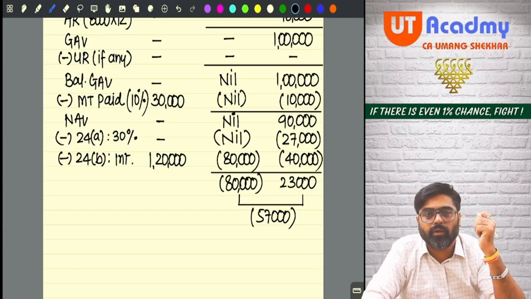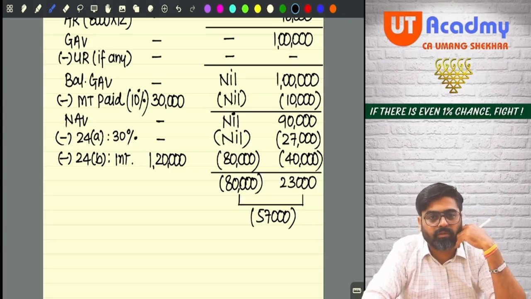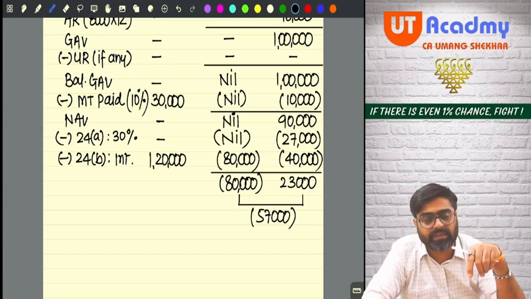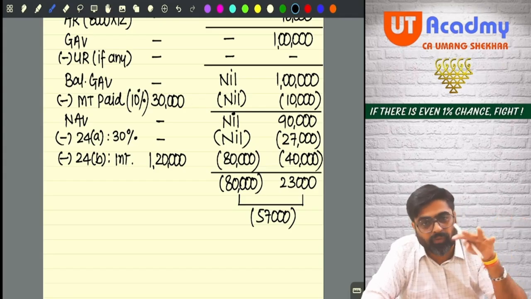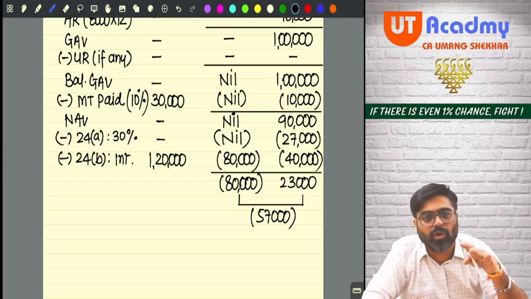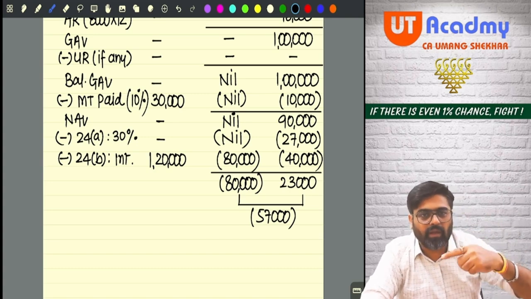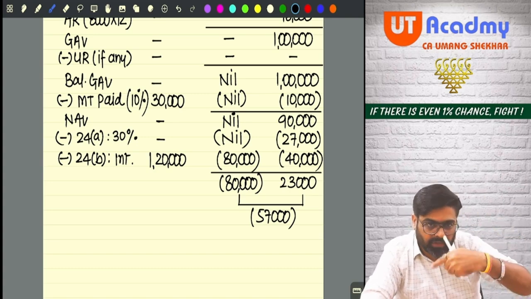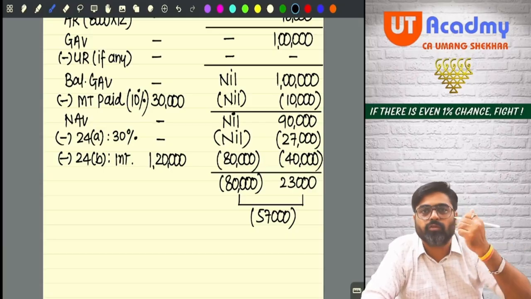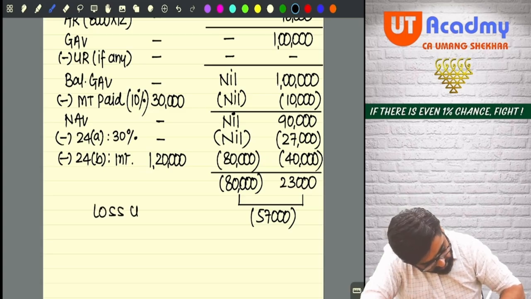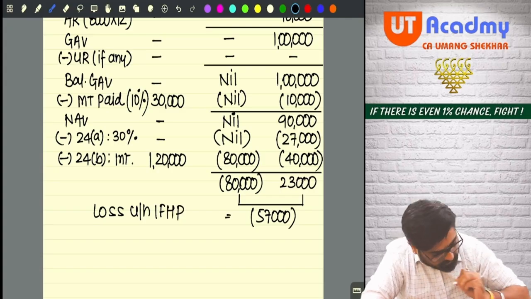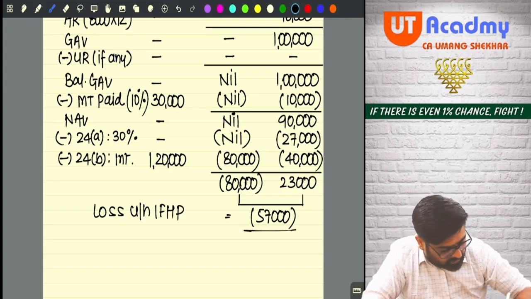Getting my point? So still 57,000 loss remains. If there is another house property giving me positive income, against that the loss could be adjusted, but there is no other house property income. So finally my house property head will show a loss. Out of 5 heads, this head will show a loss of rupees 57,000. So can I say this is a loss under the head income from house property? Getting my point? This is your final answer.